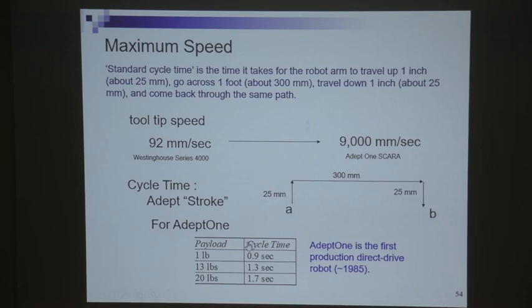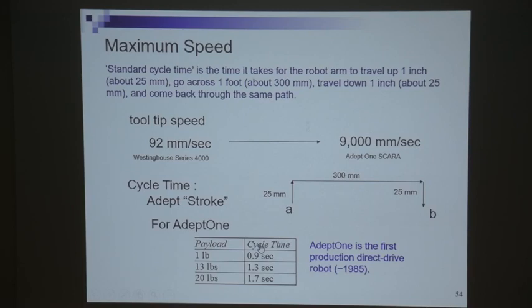So if you look at the cycle time, in 1985, which is the first production direct drive robot, you can achieve a cycle time. The cycle time will very much depend on the load. So of course, if you carry a lighter load, you will tend to be able to do it faster.